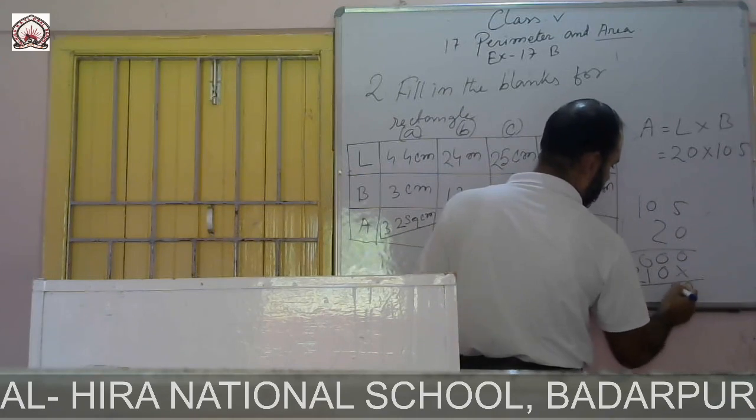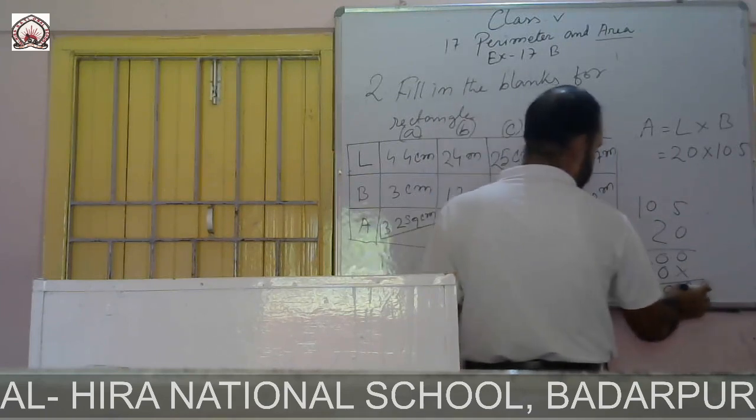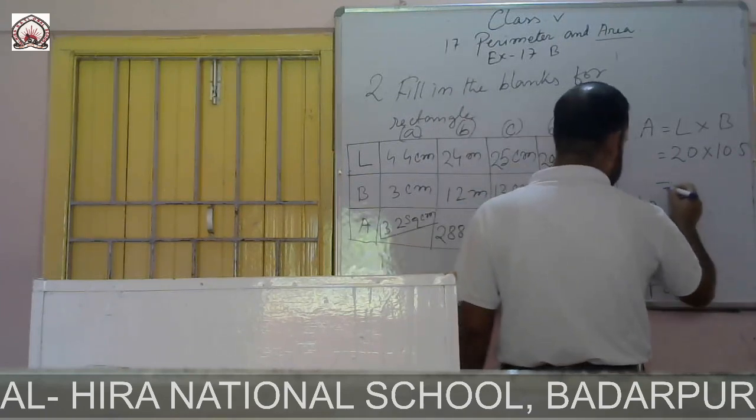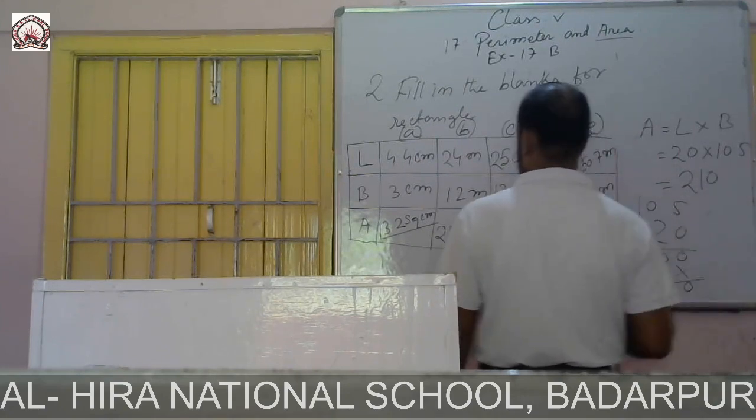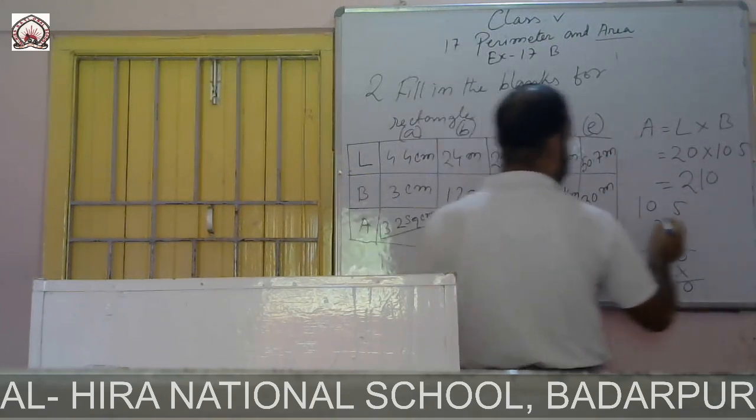So here 0, 0, 1, 2. The point is there. After the point, 0 is valueless, so the answer is 210 kilometer.